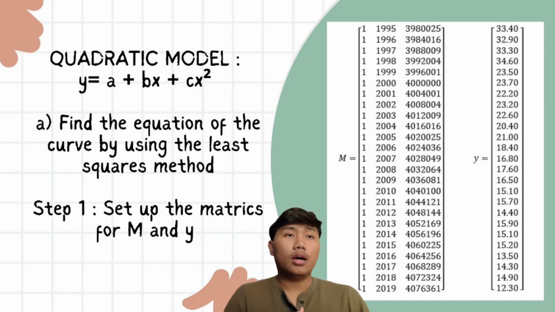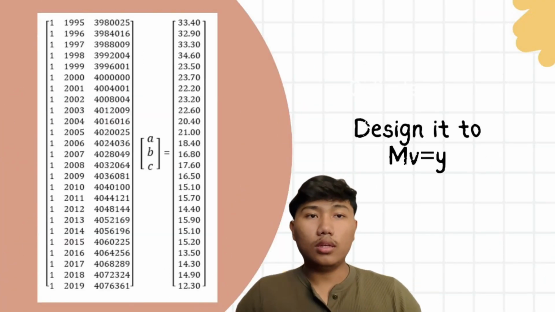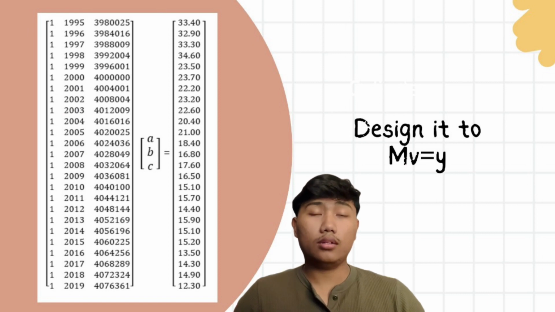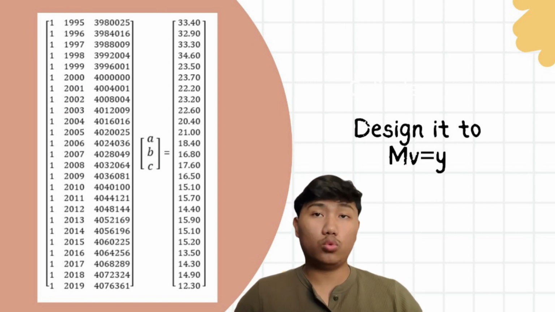And then for matrix Y, we need to put in the data from previous, which is the total deaths from influenza per 100,000 population. Then we need to put the matrices into the equation Mv equals Y.